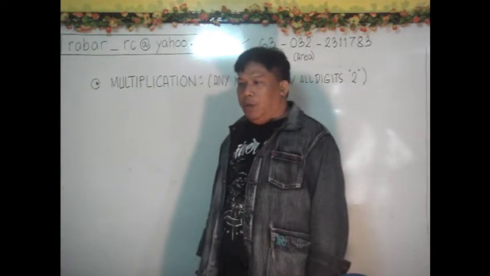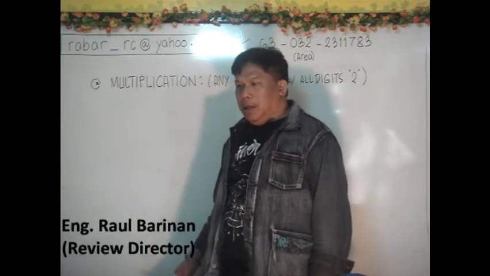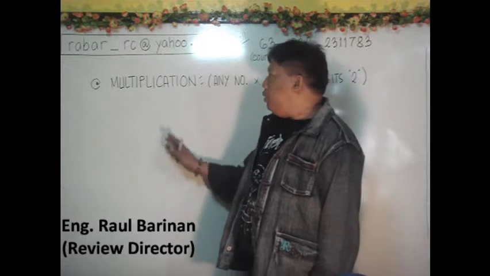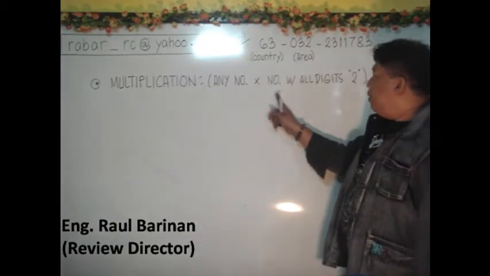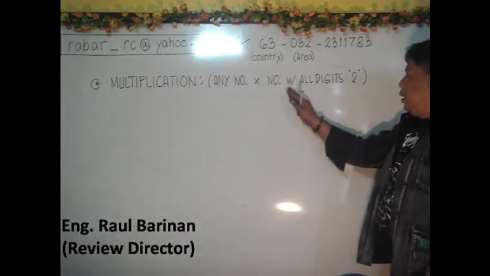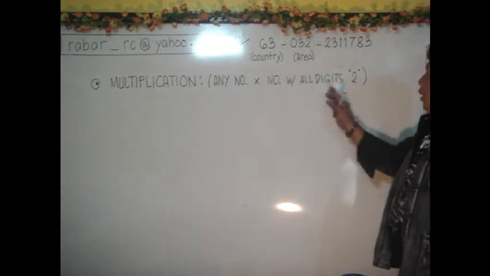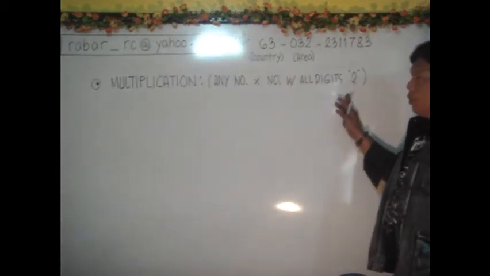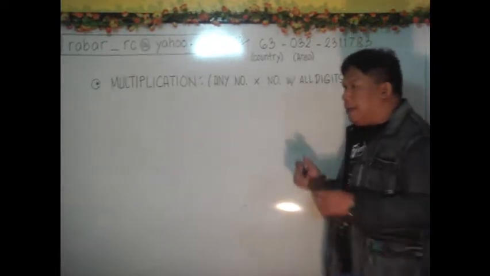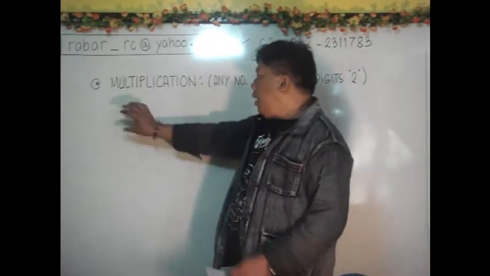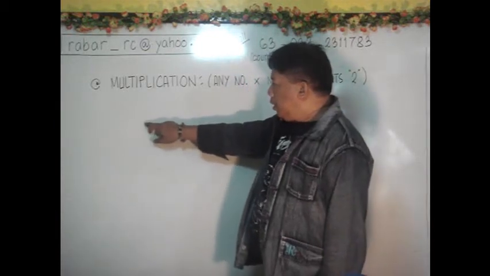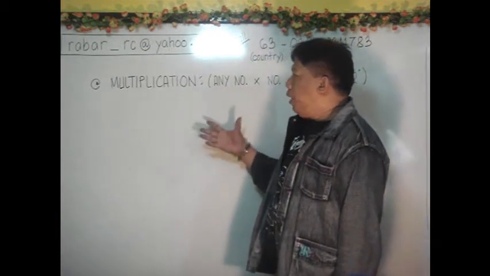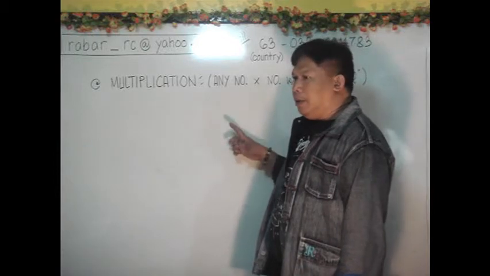I would like to share with you once again techniques of how to multiply any number by a number with all digits 2. Meaning that we have any number here multiplied by a number with digits all in one time, 2.